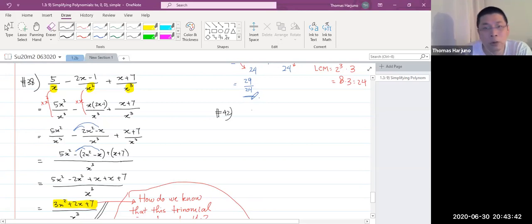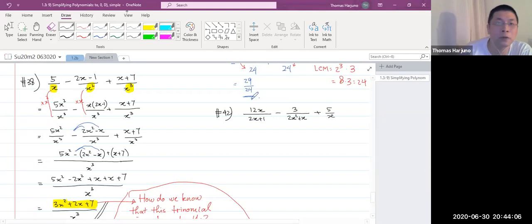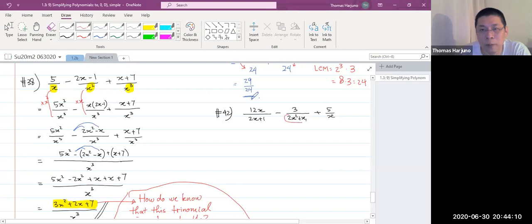Number 42, the question is 12x over 2x plus 1 minus 3 over 2x squared plus x plus 5x. Now the purpose of doing factoring, so that you see the denominator here, factor it first.